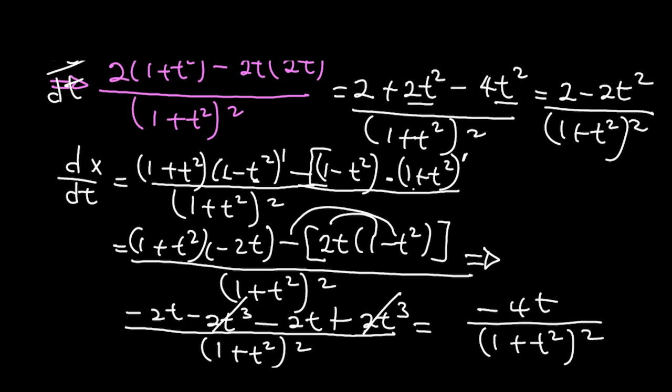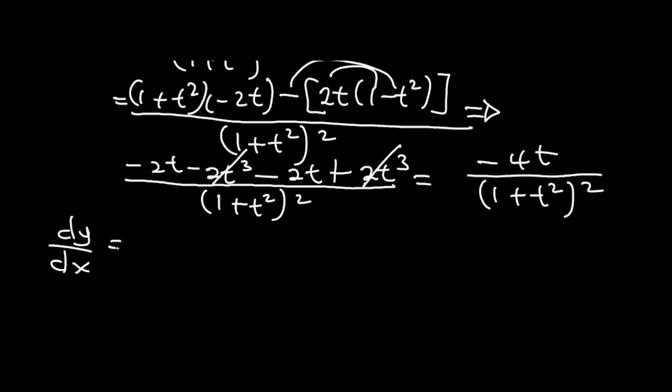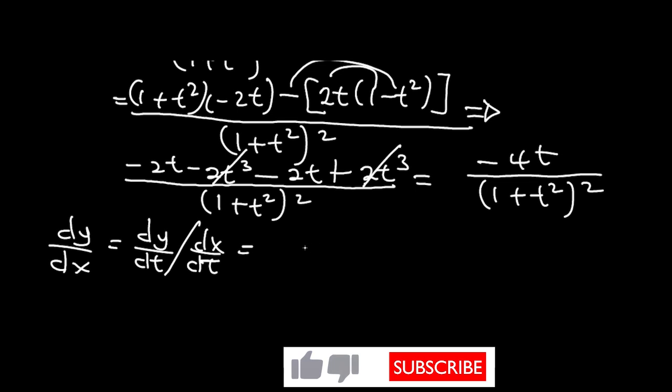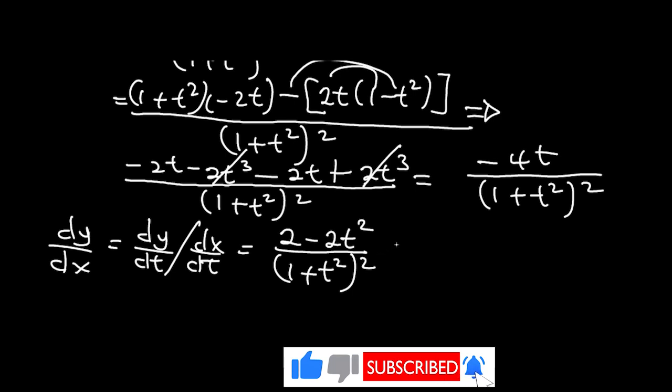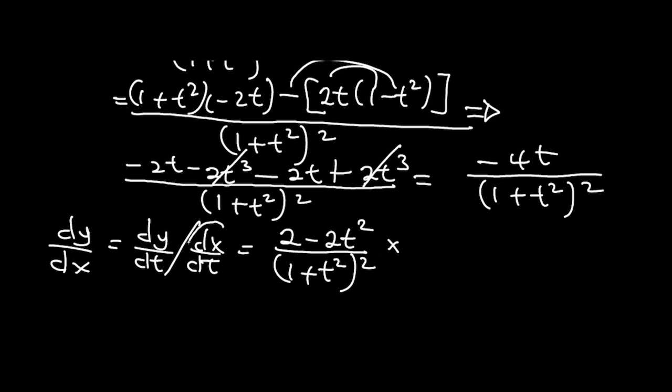So let's connect dy/dt and dx/dt together to get our dy/dx. So dy/dx is equal to dy/dt over dx/dt. Plug in those two. Because of this division, we can change it to multiplication, and when you do that, this will flip upside down.